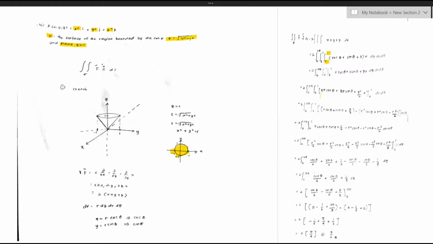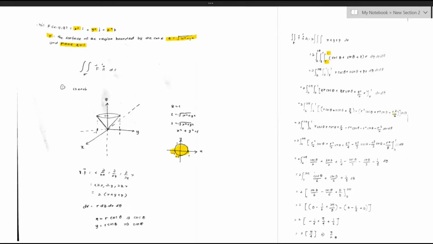Okay, so we integrate the function in terms of z. We get zr cos theta plus zr sin theta plus z squared over 2 times r, with the limit from r to 1. So we will get (r cos theta plus r sin theta plus r over 2) minus (r squared cos theta plus r squared sin theta plus r cubed over 2).